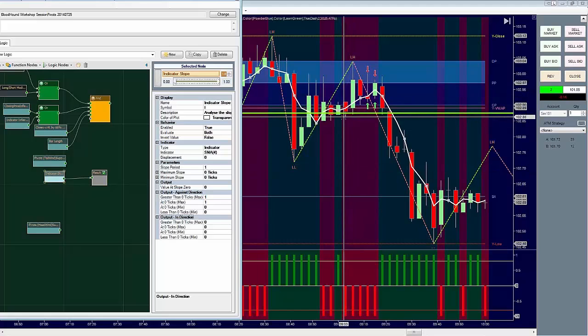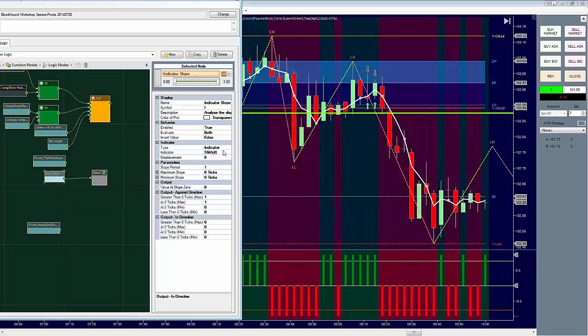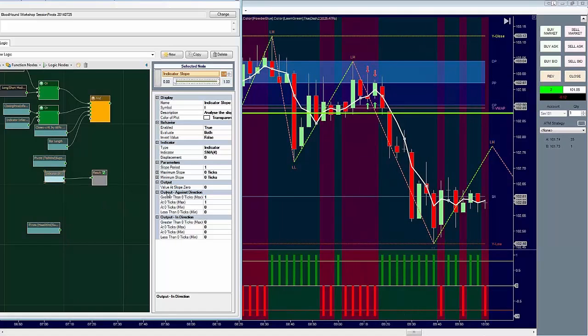So you see how I switched it? I could have just right-clicked on it and selected not, which would have inverted it, taking it back to the original way, but rather than doing that, I just changed the output to against direction.